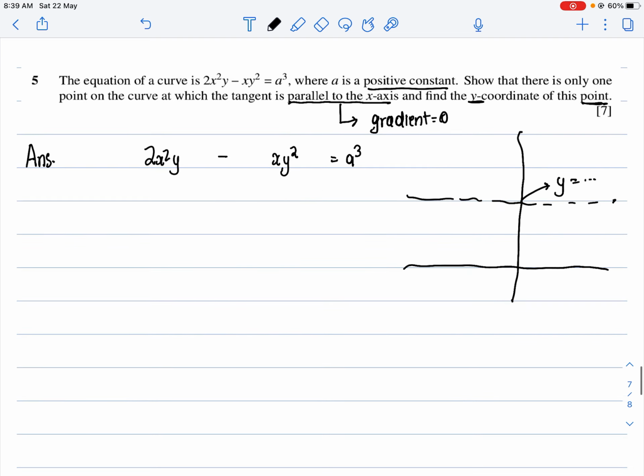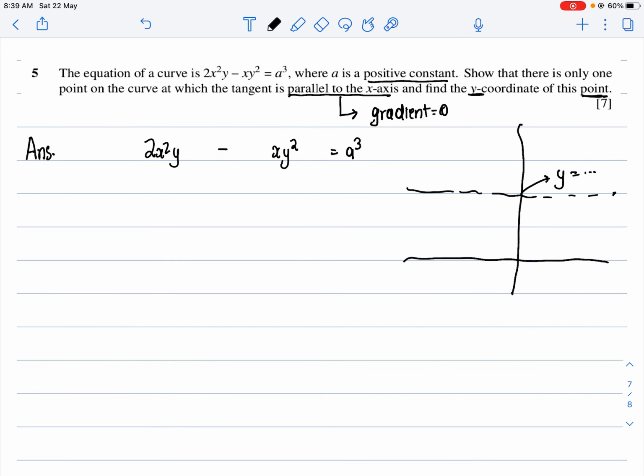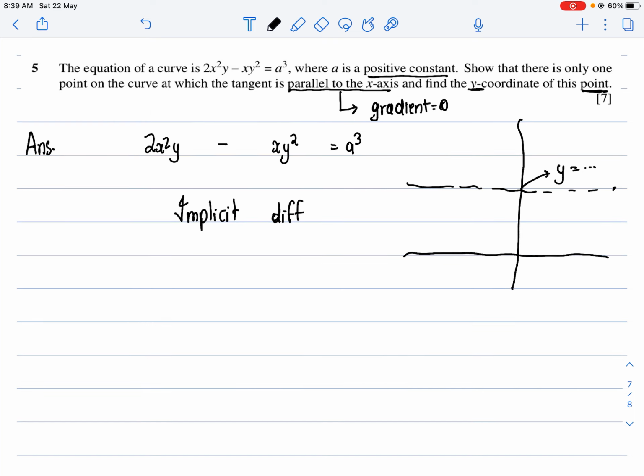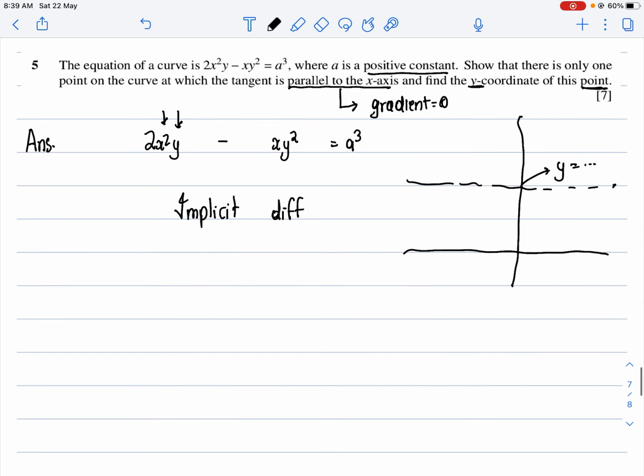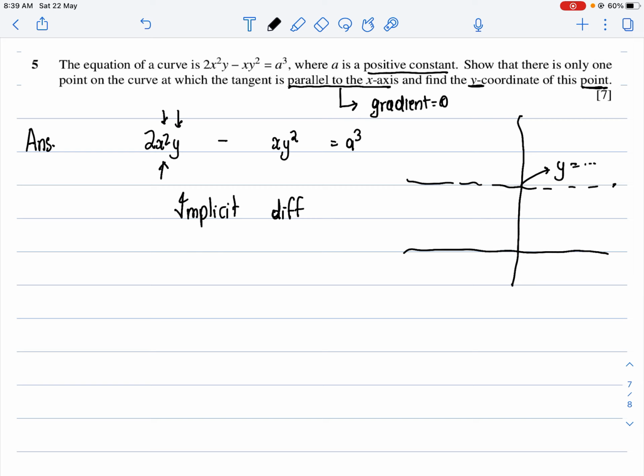So now what I do is I differentiate this. The differentiation for this is something called implicit differentiation, because there are two different letters, which is the easiest way to identify. Here I use the product rule.